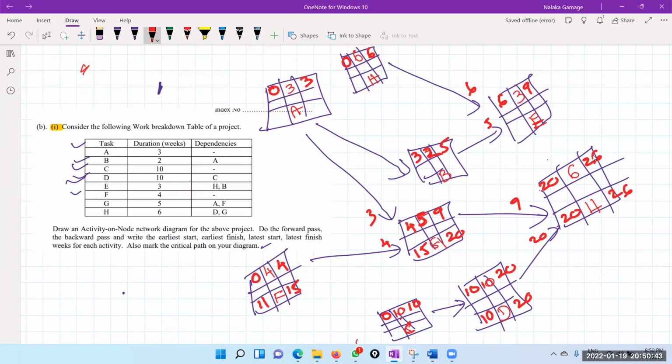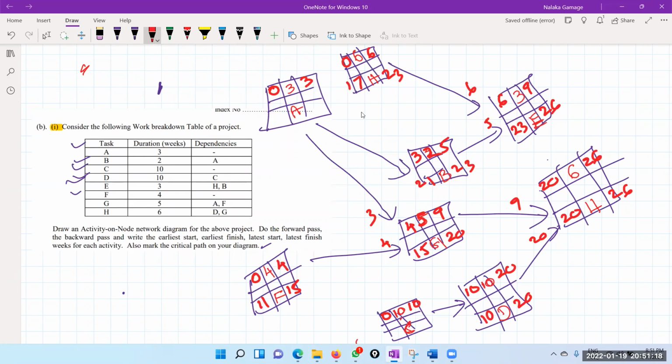And here also we have to put 26. 26 minus 3 is 23. So this is 23. 23 minus 2 is 21. This is 23, so this is 17.